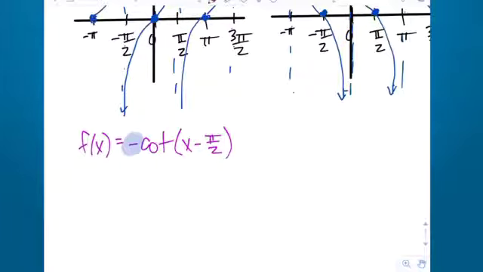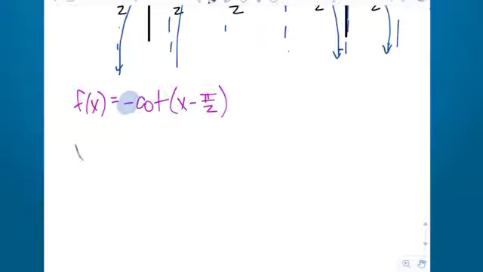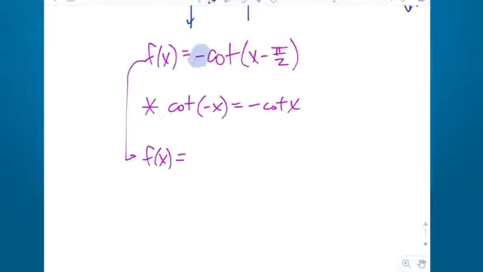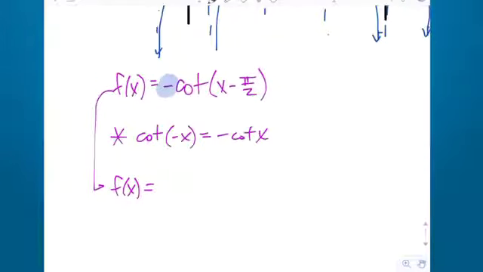Now, we said yesterday that cotangent was what? Even, odd, or neither? Odd, right? So let's review that. If cotangent is odd, then what that means is cotangent of a negative input is equal to the opposite of cotangent of a positive input. So, guess what I could do with the negative in front of the cotangent then? If this were like a multiple choice question, and I say which of the following equations is equivalent to tangent, this might be an answer choice right there, but because of the odd nature of cotangent, I could actually use the identity, as we're going to call that, and bring the negative inside.